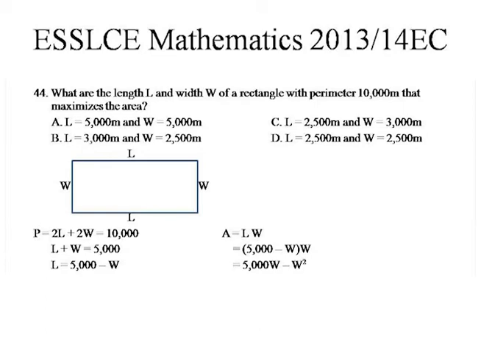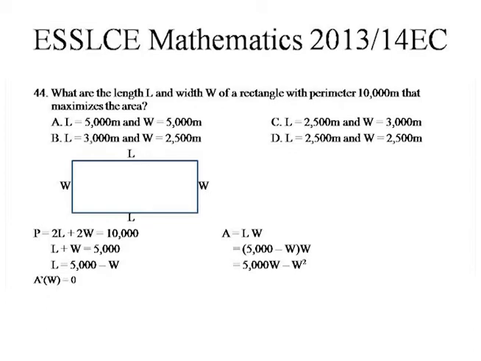We know a maximum is achieved at points where the derivative at a particular point is equal to 0, meaning the maximum area is achieved where the derivative of A in terms of W is equal to 0.